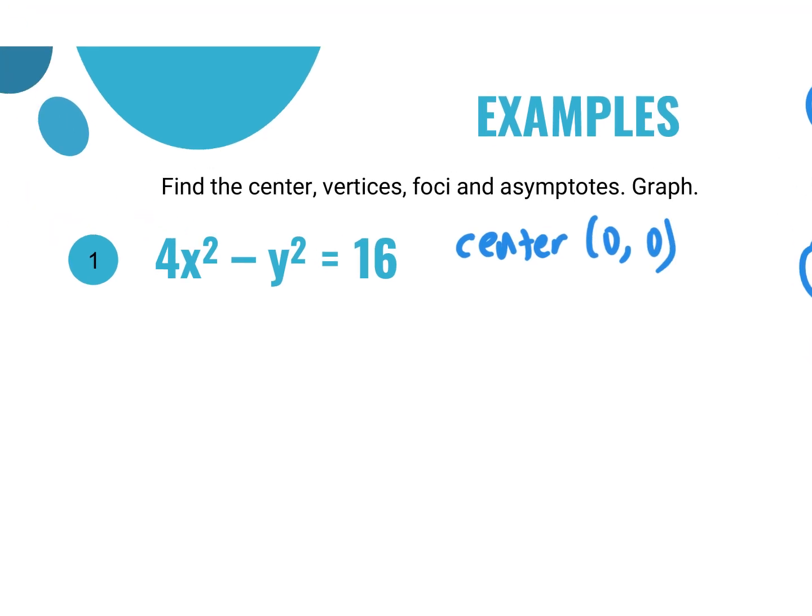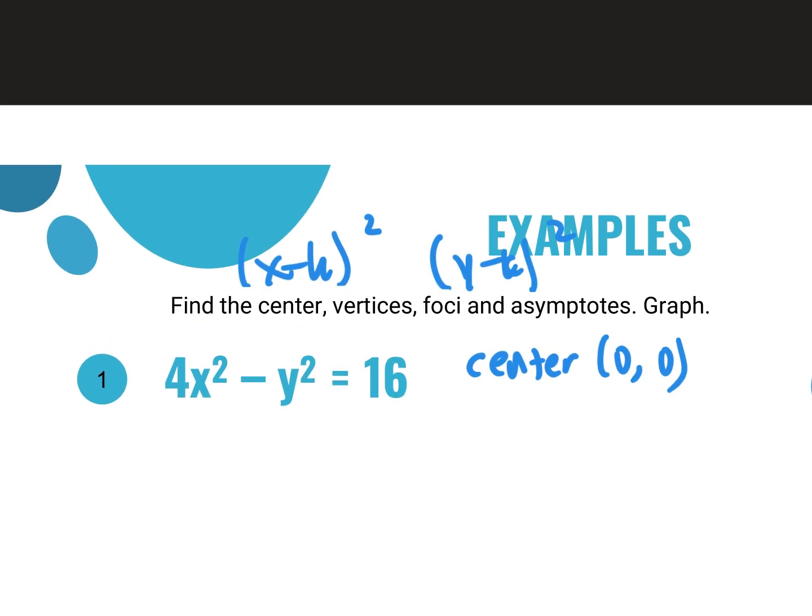No. You guys should now be able to recognize if it's going to move somewhere, it's going to be in that kind of a form. If nothing's being added or subtracted to your x squared and y squared, it's just hanging out at 0, 0. So there's no h or k, there's no shift.